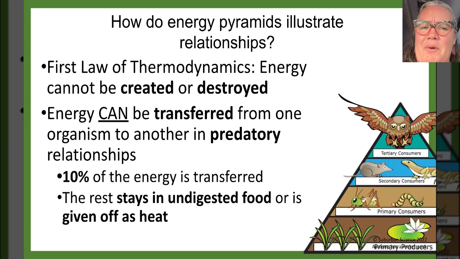So we have a super inefficient system when it comes to the transfer of energy as biological beings, but it makes for really beautiful systems. This is a principle that you need to memorize and understand: you're only going to see about 10% of the biomass represented at each level exchange.